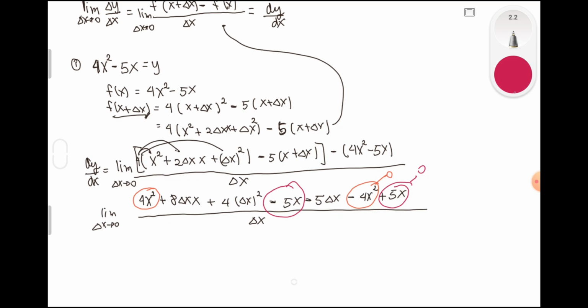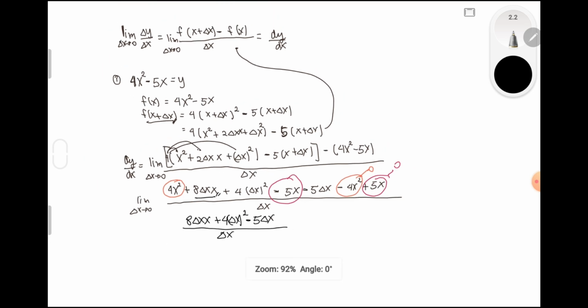So therefore, let's copy the problem. We have, kung ano natira, our 8 delta x multiplied by x plus 4 delta x squared minus 5 delta x divided by our delta x.